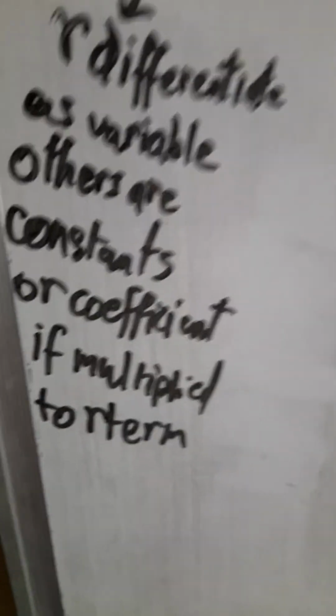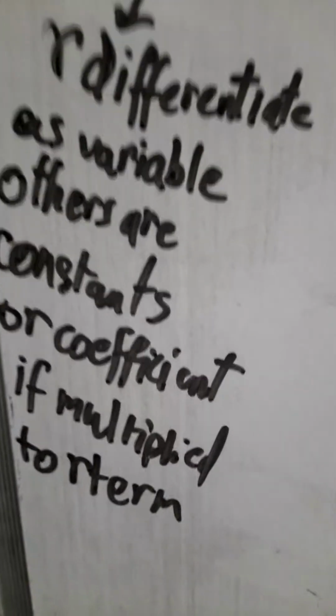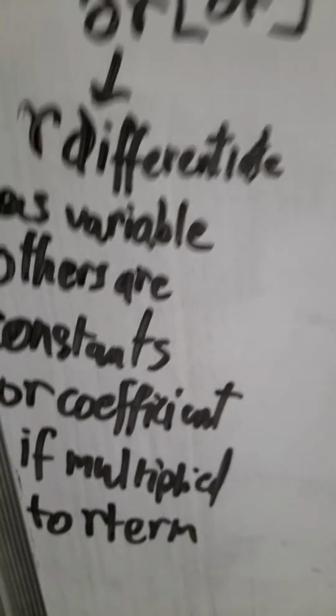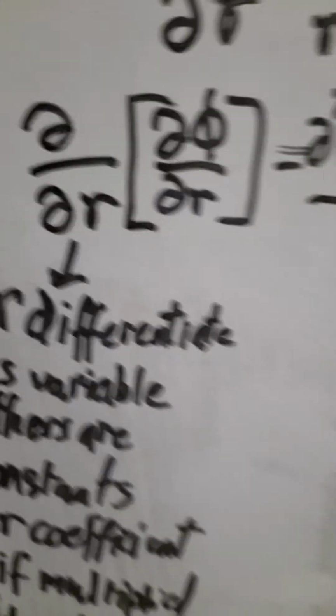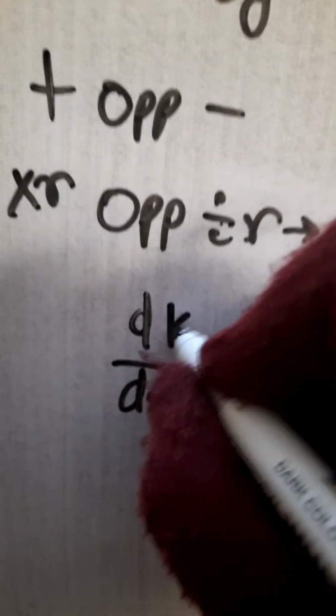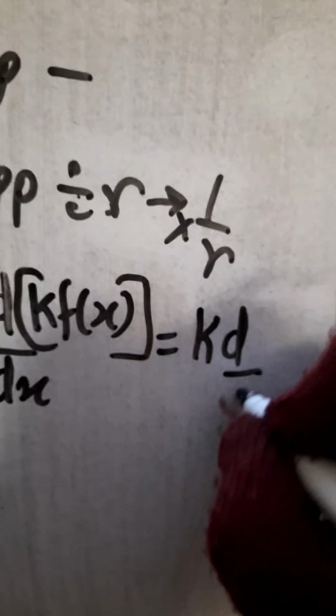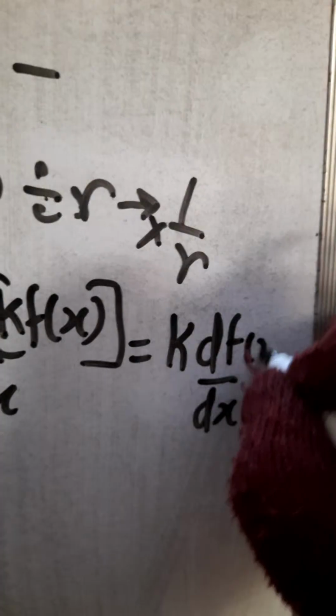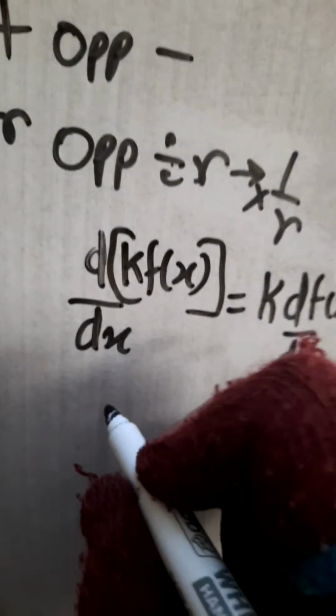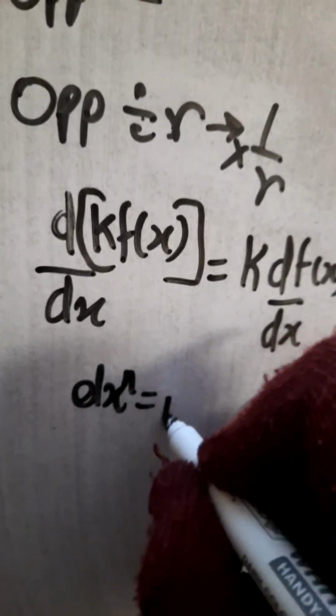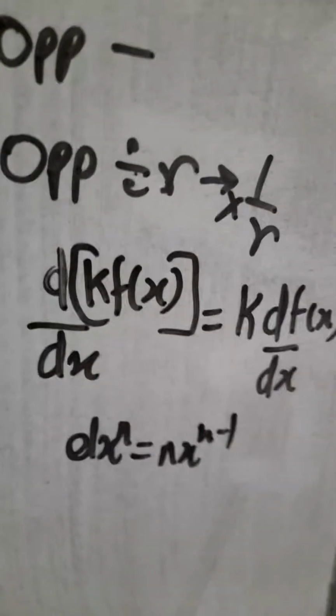If it is multiplied to the r term, then it would be a coefficient, and if it is not, then it would be standalone, a constant, and r would be considered as the variable and would be differentiated. Now I have to show you. d by dx of k f of x, where k is a constant, would be k taken out and multiplied later, directly after we take the derivative of the variable f of x. Another thing, d of x raised to n is equal to n x raised to n minus 1. Simple.